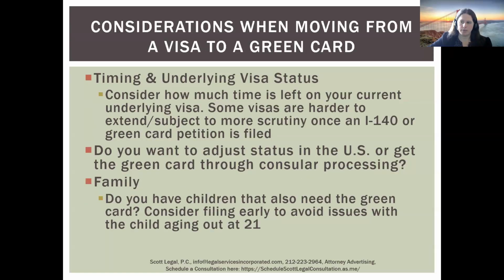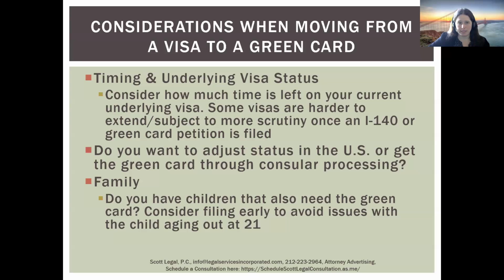All right, let's talk about some considerations when moving from a visa to a green card. As I mentioned in the previous slide, you want to be mindful of what your goals are. If you want to make sure that you can stay in the United States through the entire process and have unbroken work authorization, that often will take some planning. You want to consider how much time is left on your current underlying visa.